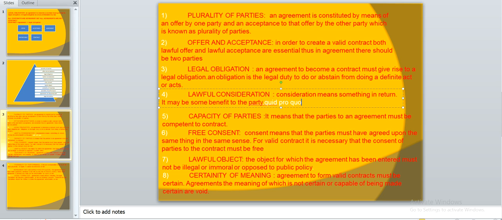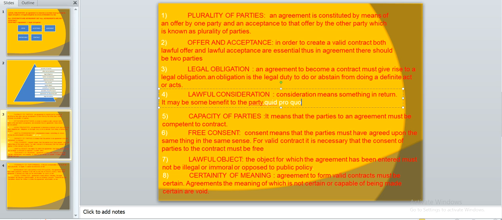So parties to an agreement must be competent to contract. They need to be a major, have a sound mind, and not be convicted by a court of law. With them we can enter into a contract. If you enter into a contract with a minor, it is not enforceable in a court of law.